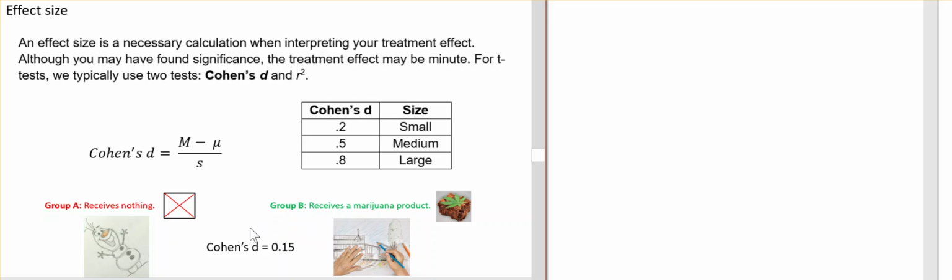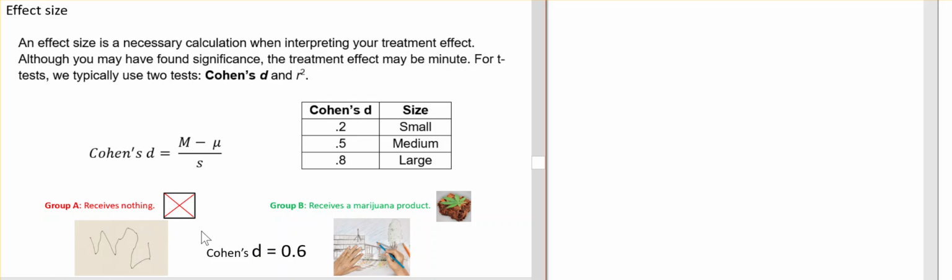So is the magnitude of the difference large, medium, or small? In this case, Cohen's d is 0.15, which is a small effect size; the magnitude of the difference is not very large.